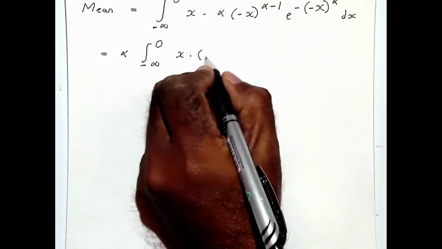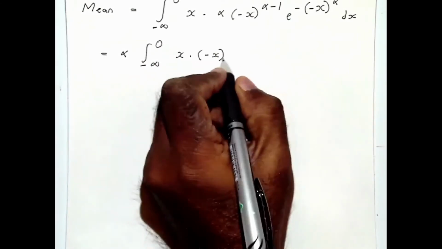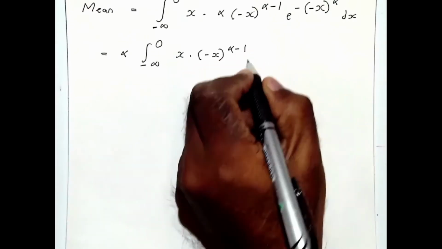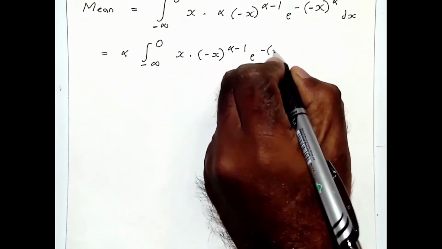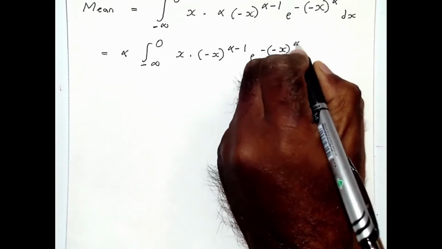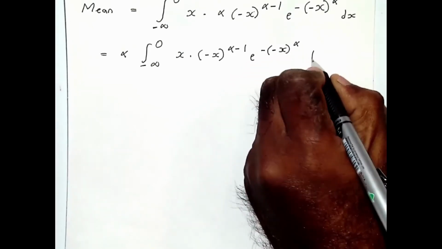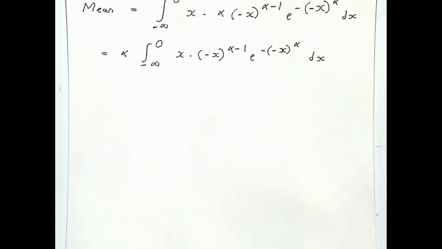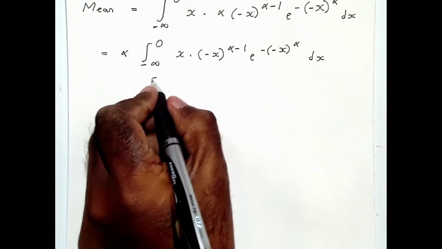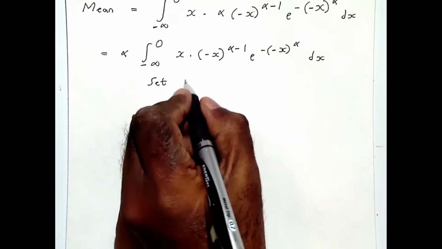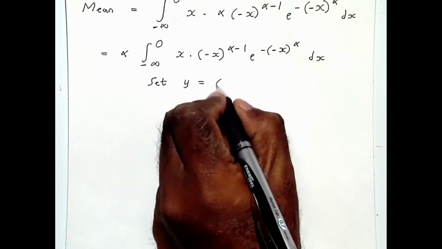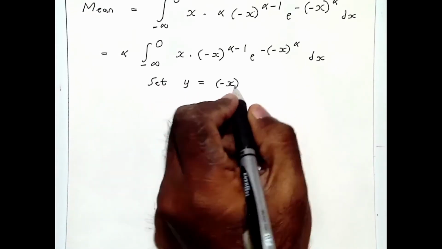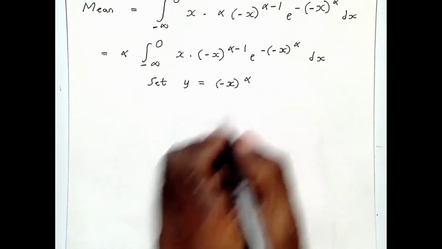x times. Now at this stage I'm going to make a substitution, and here I'm going to choose to substitute for (minus x) power alpha.